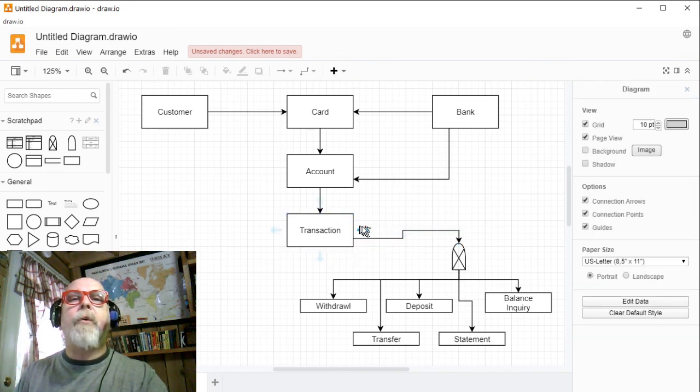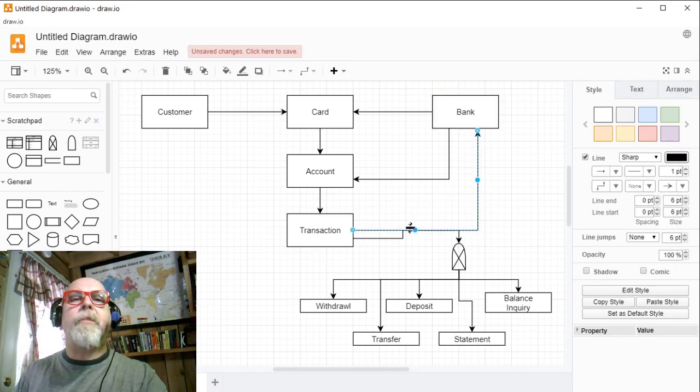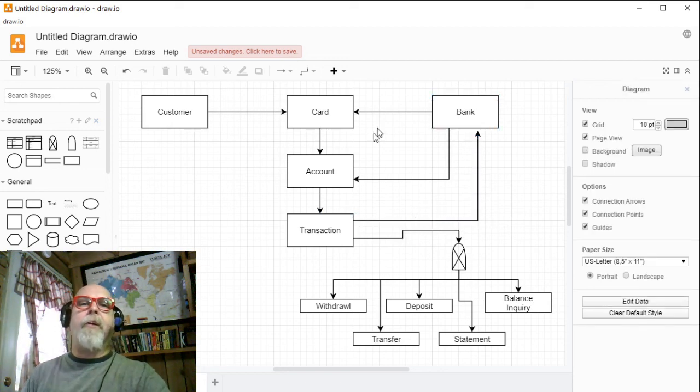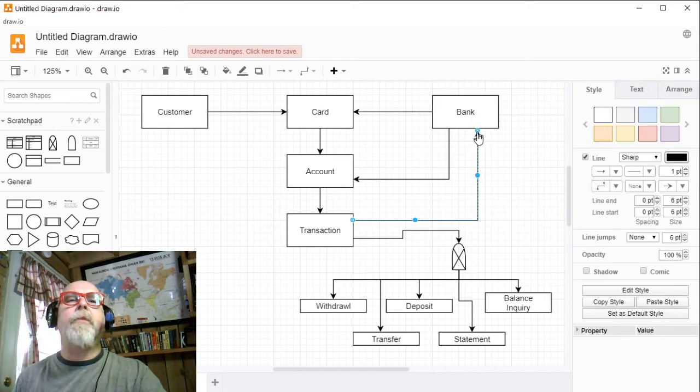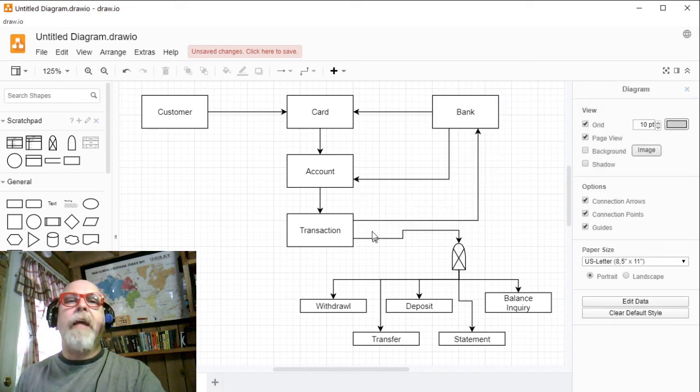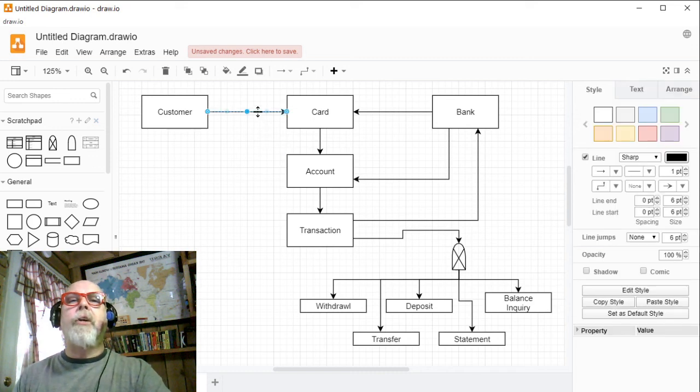So, I am going to make sure that my relationships here don't overlap and don't cross, because I want them to clearly show that they're independent relationships.